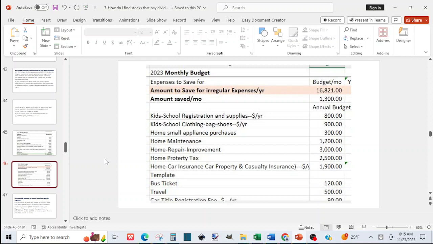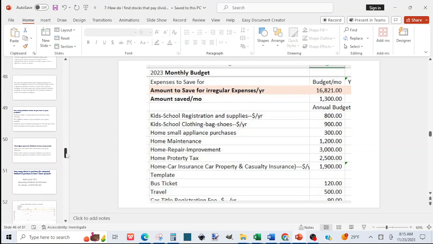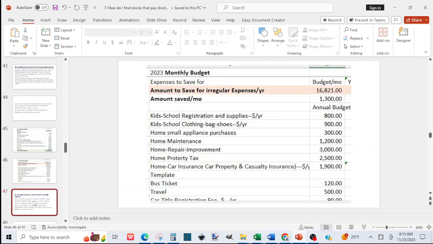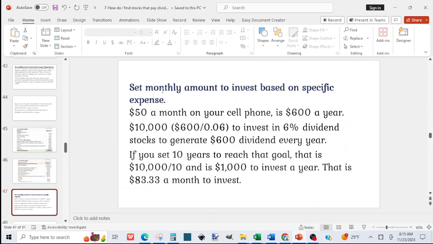So that means for every $1,000 you live on, you want to make sure you put another $1,000 in the stock market working for you. Okay, so set a monthly amount to invest based on a specific expense. You can do that as well.